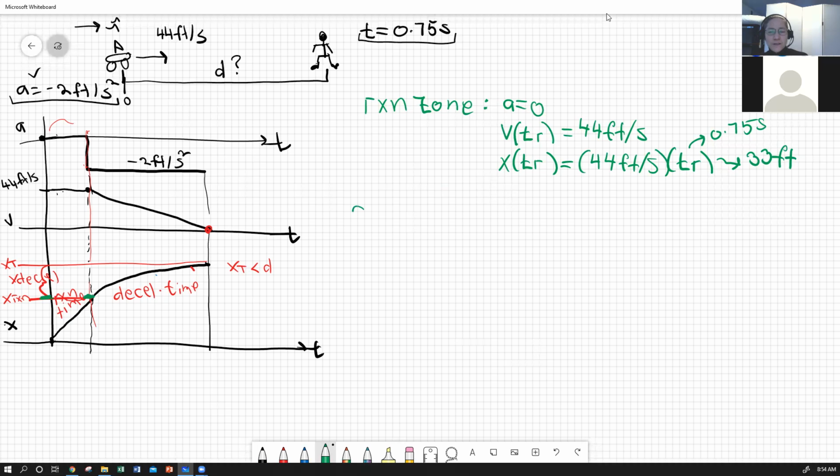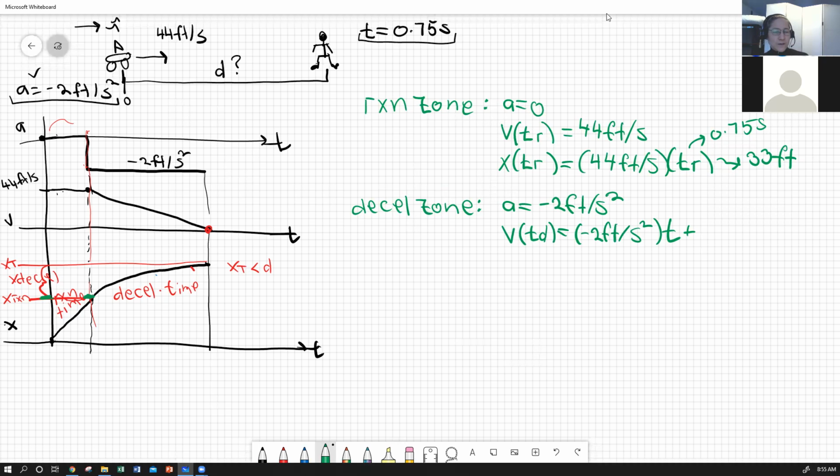Okay, so now we're going into the deceleration zone, the decel zone. Now A equals, blissfully, -2 feet per second squared. For velocity, we'll call it TD for T deceleration. We're going to integrate, and we're going to add our initial velocity.